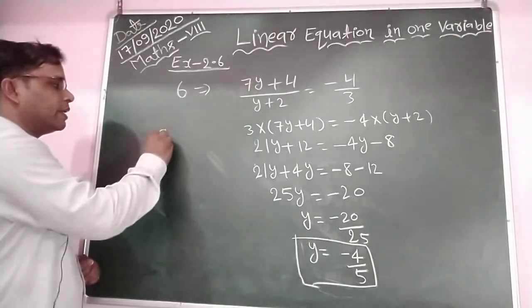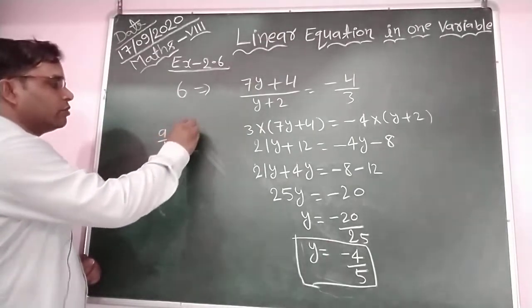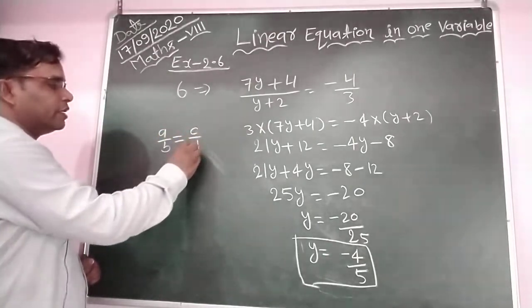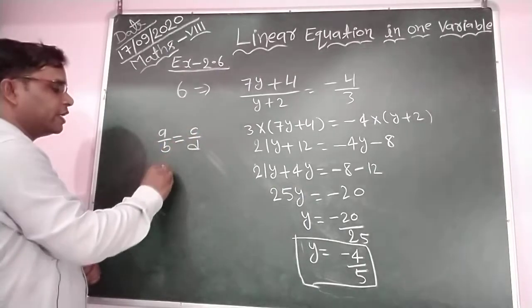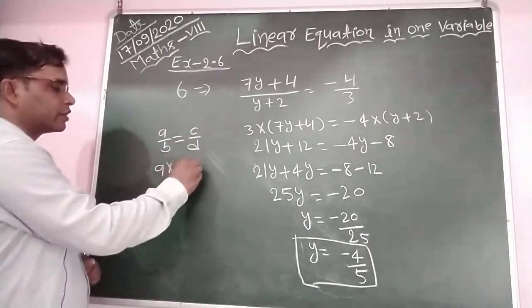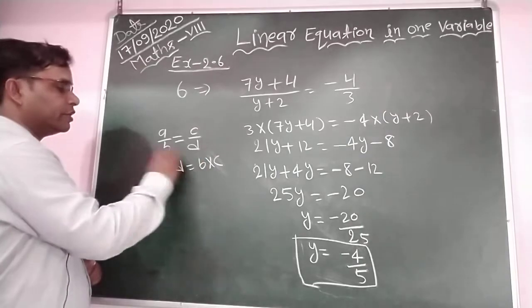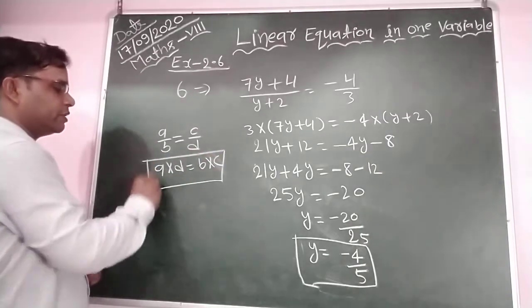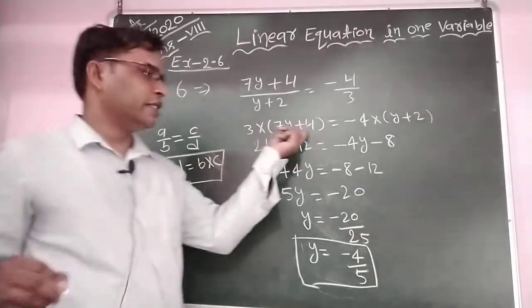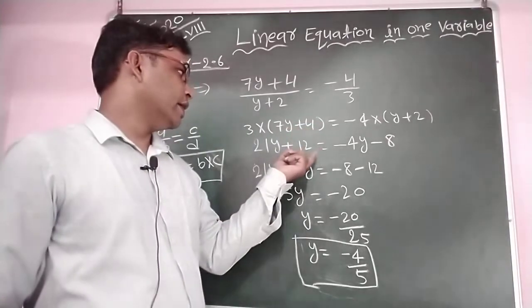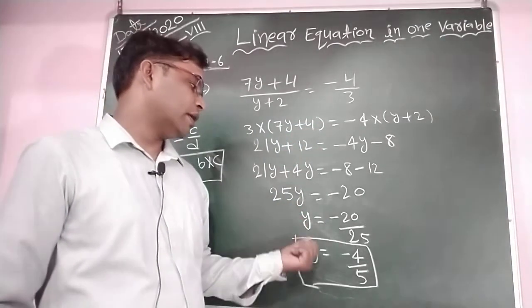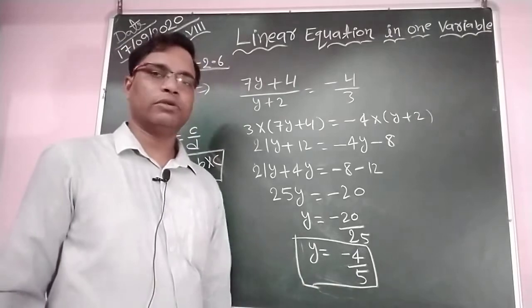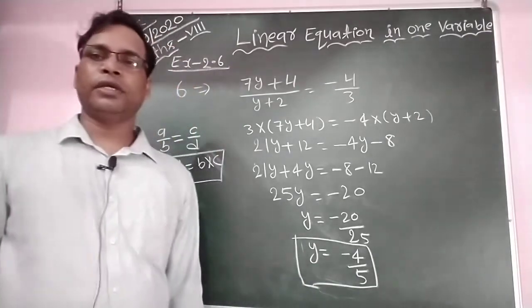If a by b is equal to c by d, then by the cross multiplication method you can write a into d is equal to b into c. This is the cross multiplication method. So for this method we write here and solve them, and then we obtain y is equal to minus 4 by 5.